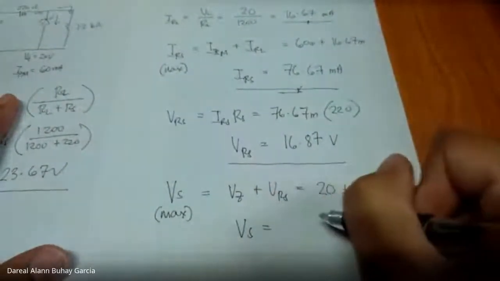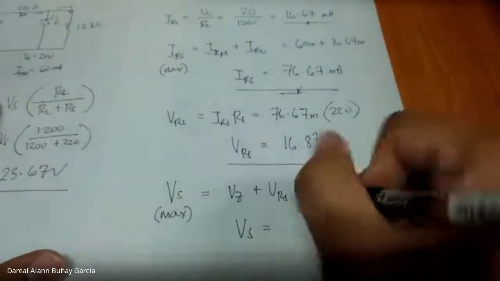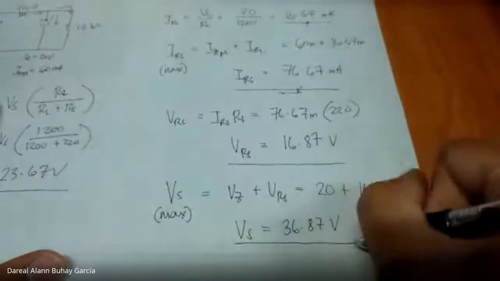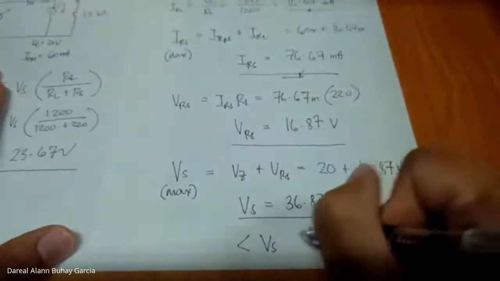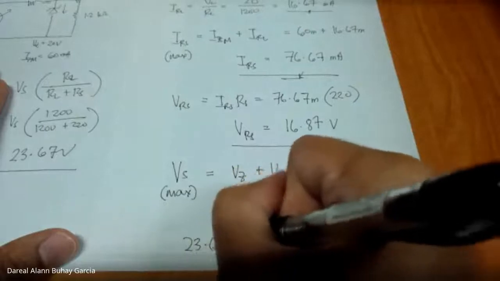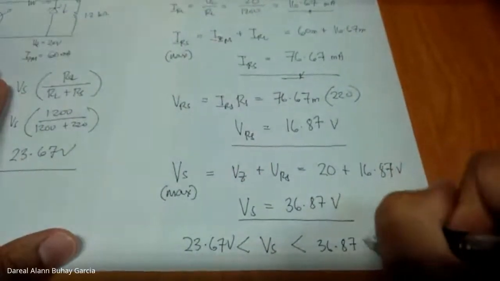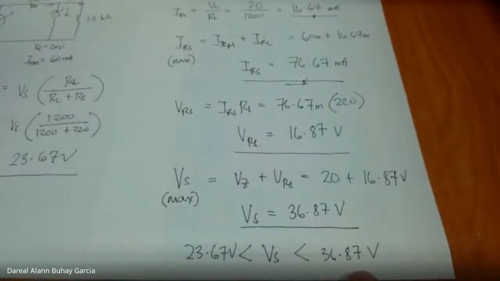Therefore, maximum source voltage is equal to 36.87. Therefore, Vs should be between 23.67 and 36.87 volts. So the same lang nga process, diba, as earlier.